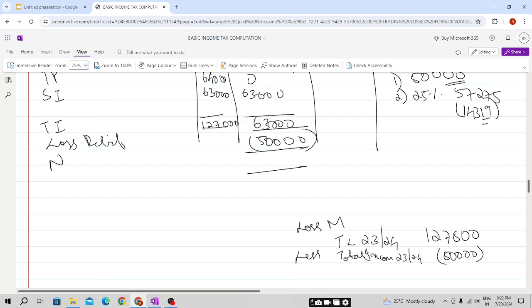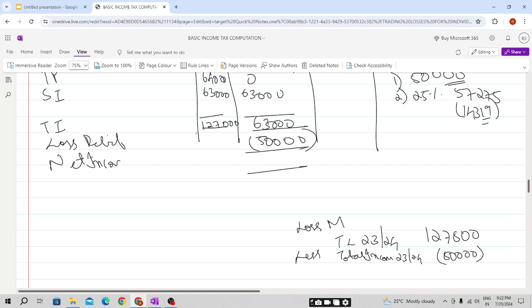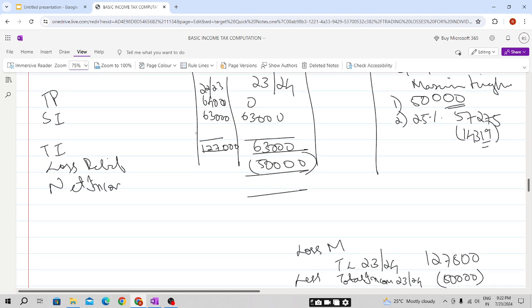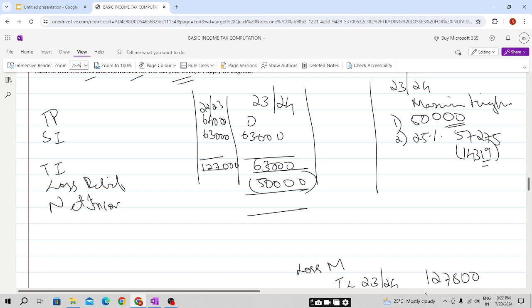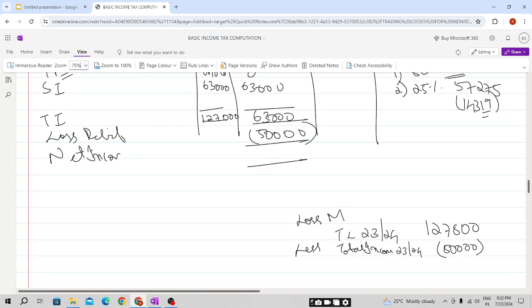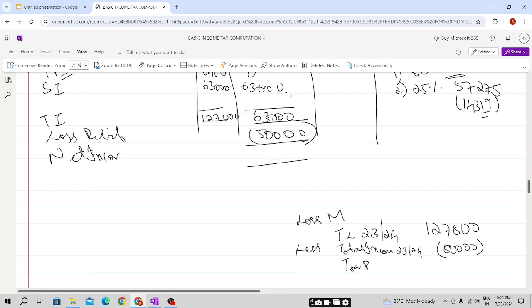So the net income will be, students, we need to calculate it. But before that, we have set off 50,000. The remaining is that. Now previous year, students, first we'll set off against the trading profit. Trading profit 64,000. So trading profits, that is total income of 22-23.